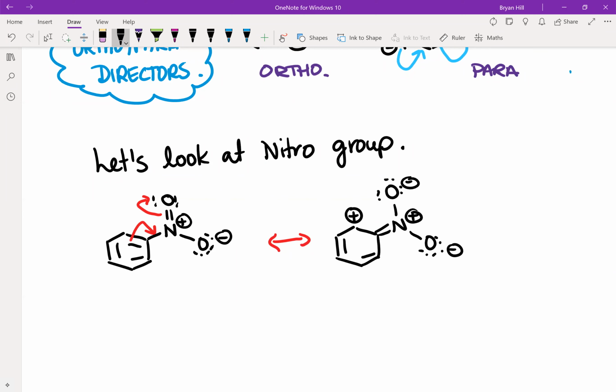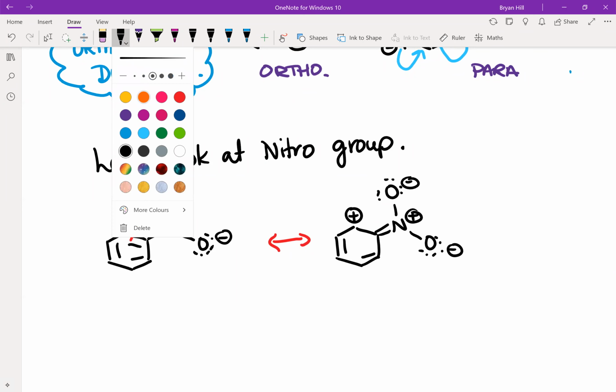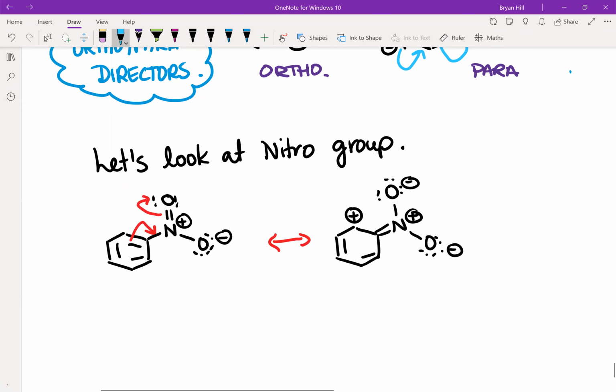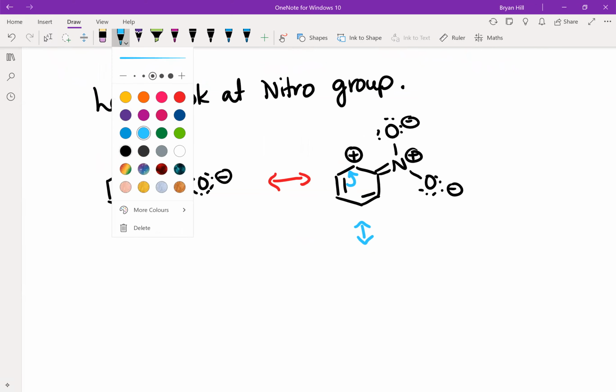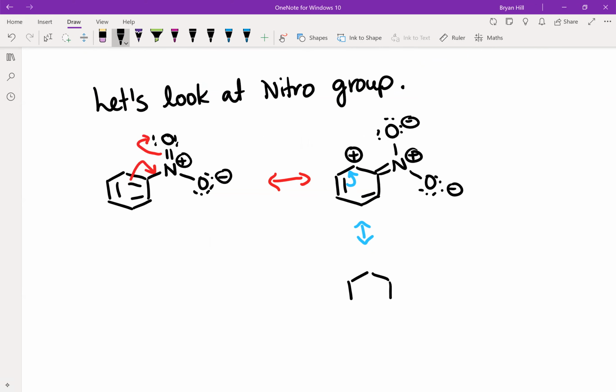So we've got a positive charge in the ortho position. Let's draw another resonance structure. Okay, so we can stabilize this charge by drawing another resonance structure. And here we go. Negative, negative, plus, plus. Okay, the positive charge is now para.